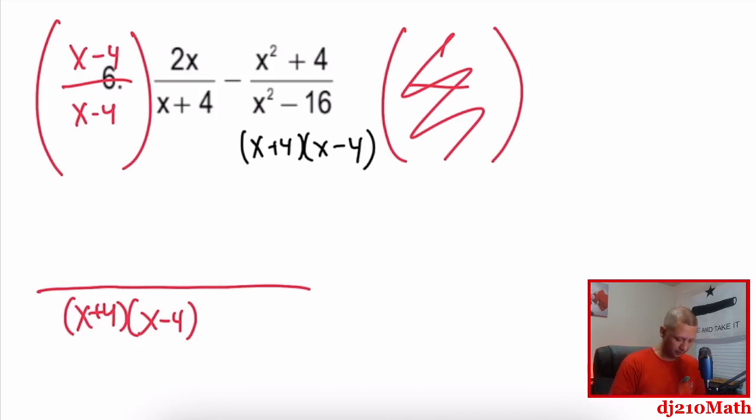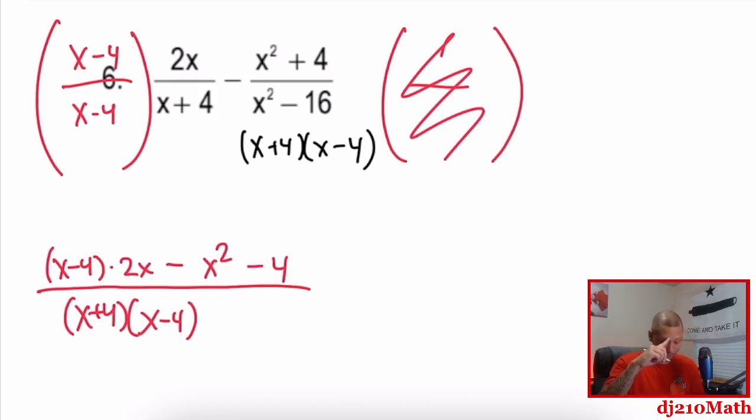In the numerator, x minus 4 times 2x minus, and this negative is going to have to distribute, which I'm going to just distribute now.